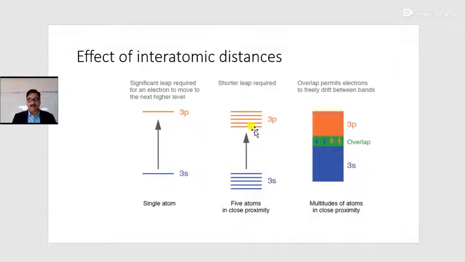But when we consider 5 atoms collected in a group, then it forms a band. Lines behave as a band because lines overlap on each other.